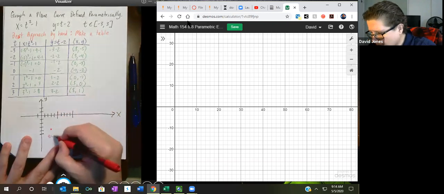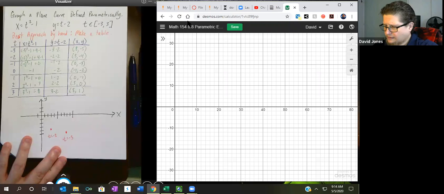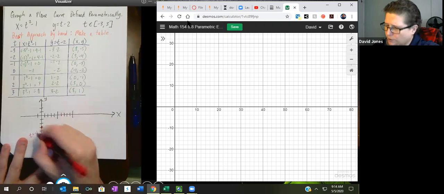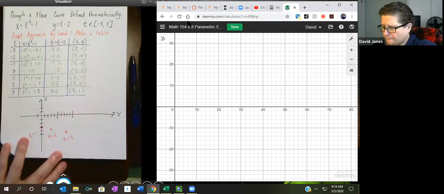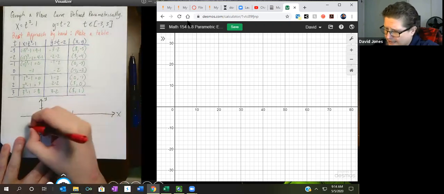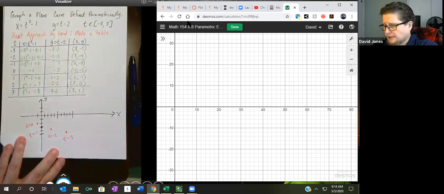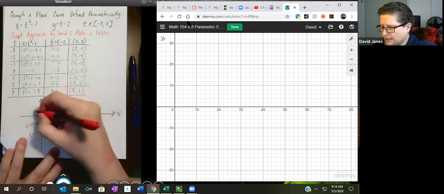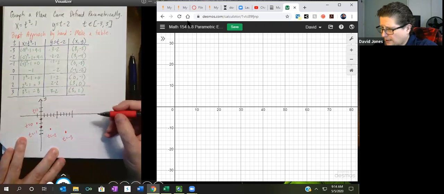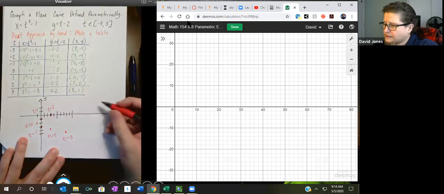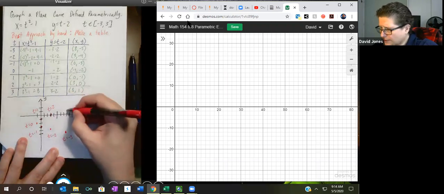That's at t equals -2. 0, -3 is at t equals -1. -1, -2 at t equals 0. And then it starts going back to the right. At t equals 1, we're right there. At t equals 2, we're right there. And at t equals 3, we're right there.